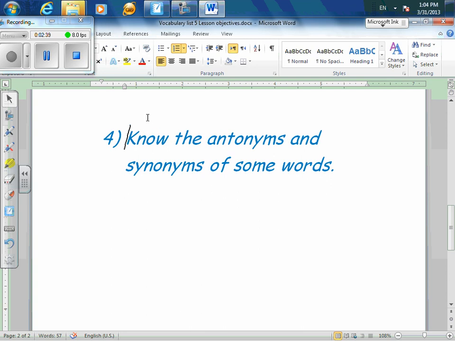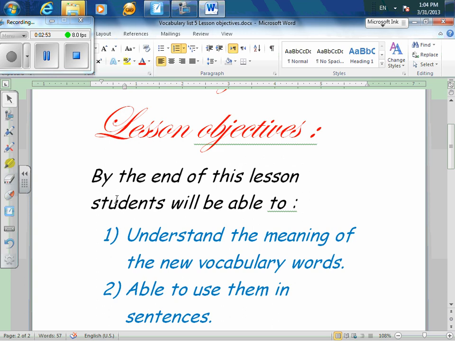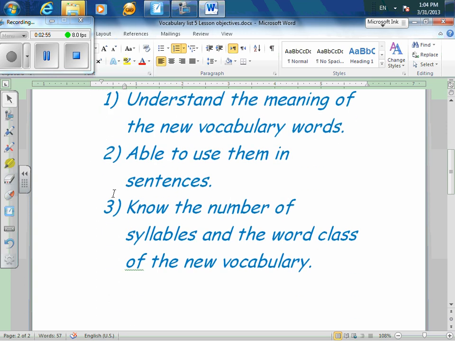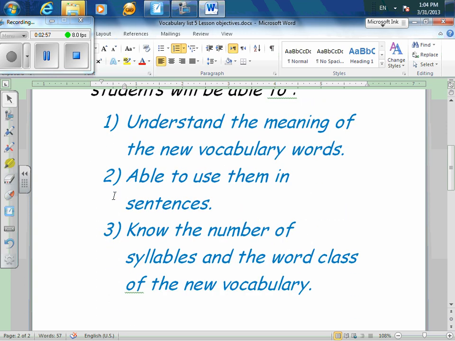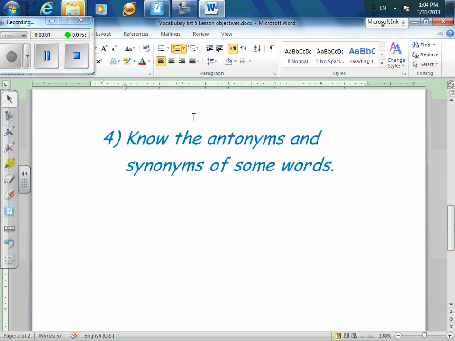This means if you were able to answer these questions, you were very successful by the end of the lesson. Is it clear to everybody? If I was able to do 1, 2, 3, and 4, I'm an excellent student.